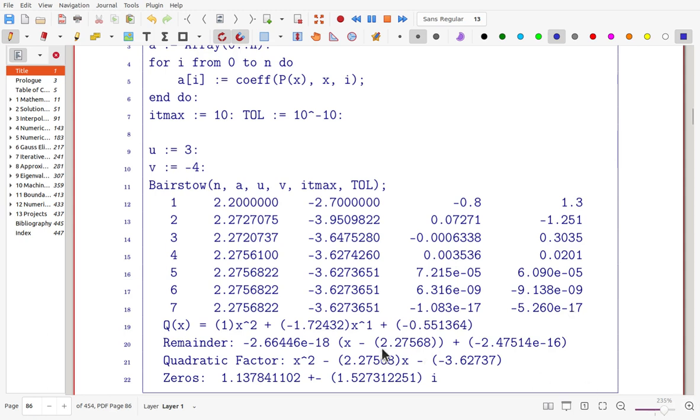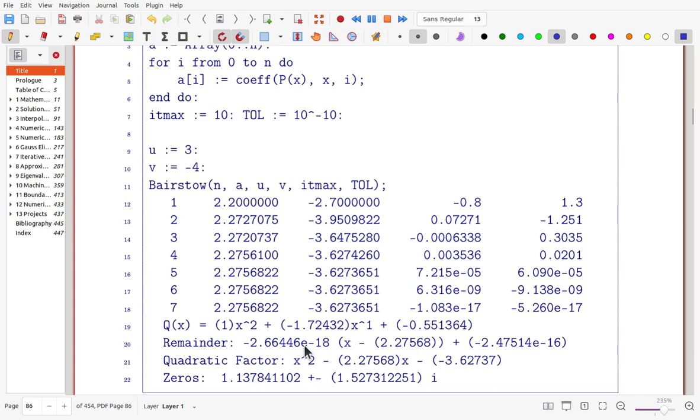Now, after 7 iterations, look at u and v, they are converged here, and these are delta u, delta v. So it converged. After 7 iterations, that's the quotient, and the remainder is now b1 x minus u plus b0.